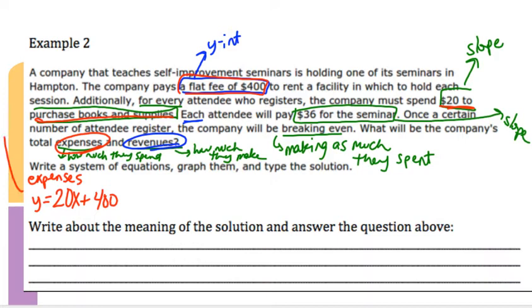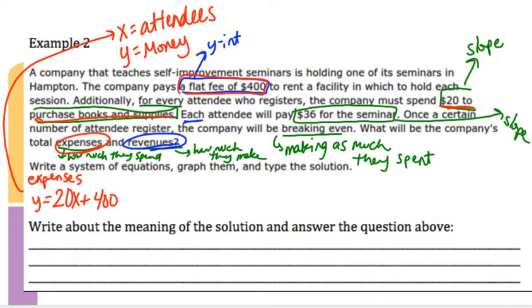So this is telling me that the x is going to be attendees, like the number of people who show up, and y is going to be money. Okay? So now let's look at our revenues. It looks like we will make $36 for each person who shows up, and that's all that we make. So this one actually does not have a y-intercept, or you could say it's plus 0. I'm just going to erase this just so it doesn't complicate things.